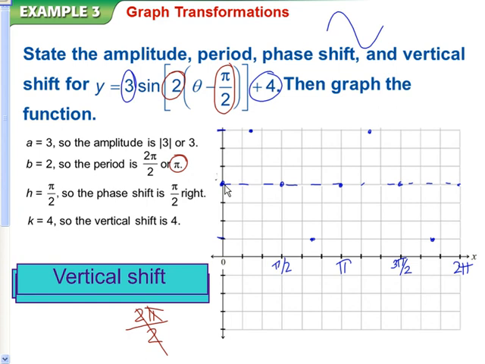Okay, now remember, we're going to have to do a phase shift on this, so lightly draw this in. So there's our graph. And now we need to shift it to the right, pi over 2. So we need to move it to the right that far. So each of these points has to move over 3 blocks.